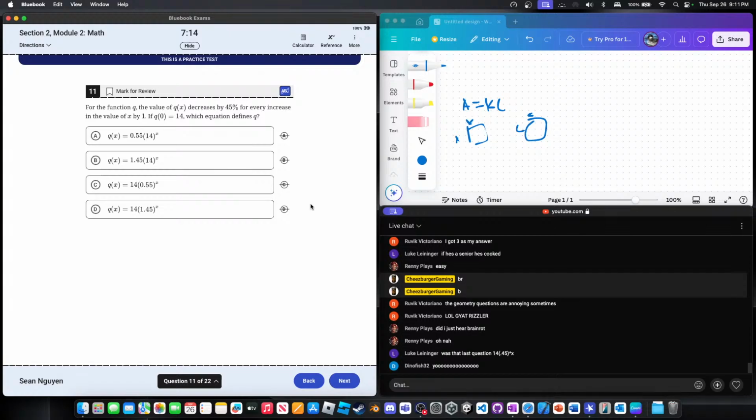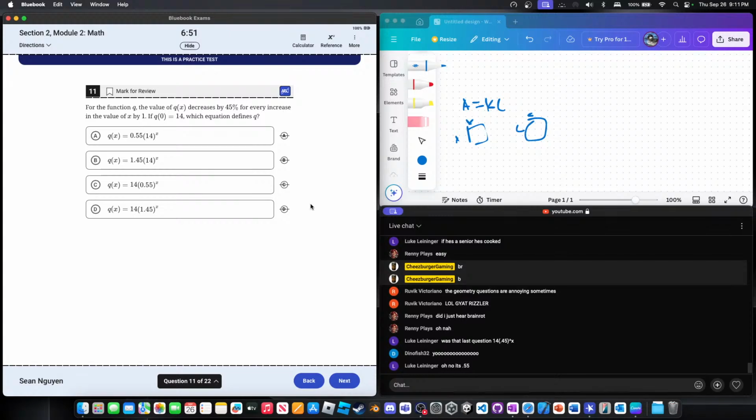Okay, for the function q, the value of q of x decreases by 45 for every increase. Q of 0 is equal to 14. So it can't be this one, of course.